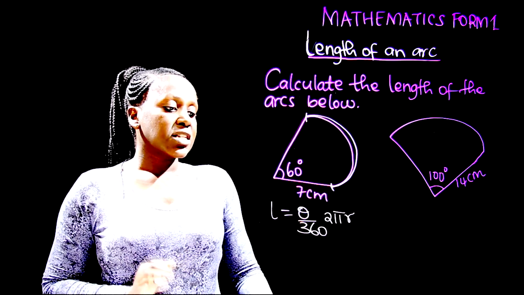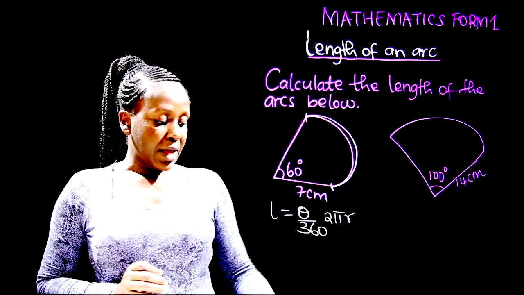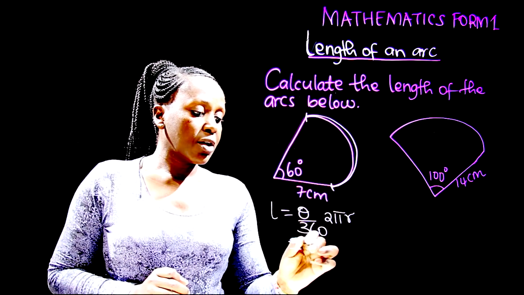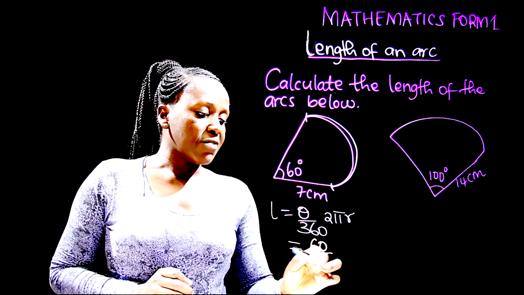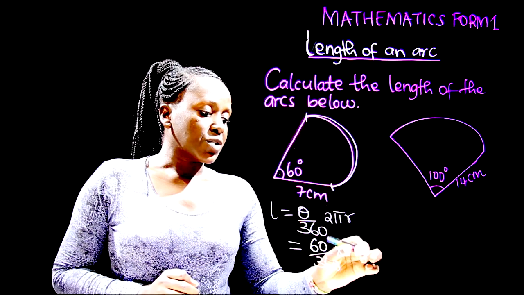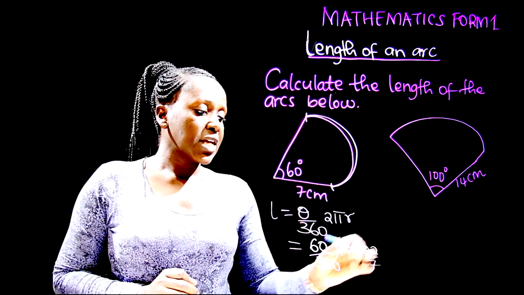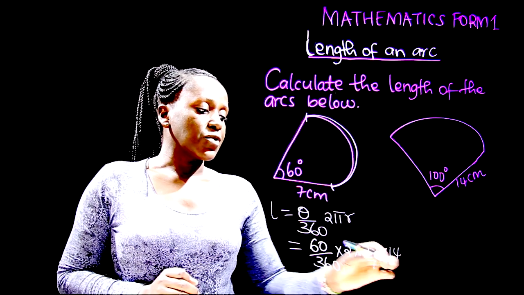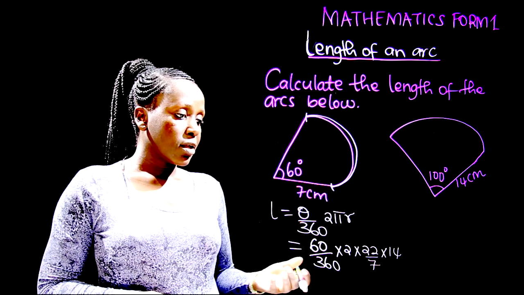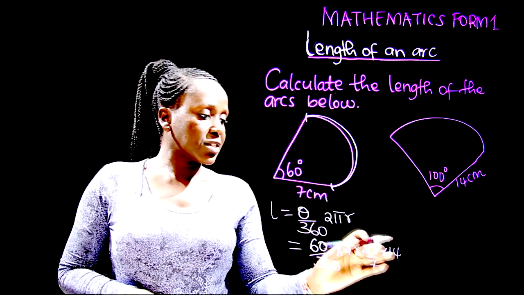Theta in this case is this angle, which is 60 over 360 times 2 times 22 over 7 times the radius, which is 7.